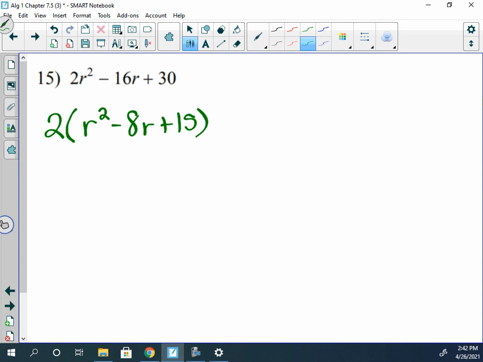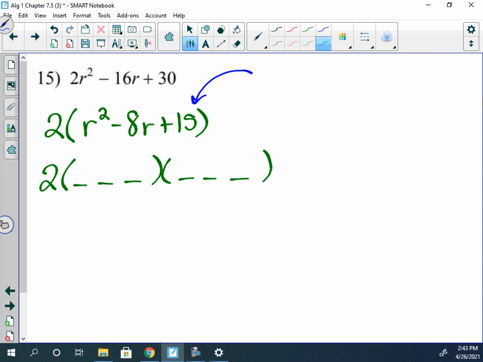Any questions on how we got to this point here? Now this here is factorable. So we look at the third term, and here our third term is positive 15, yes?